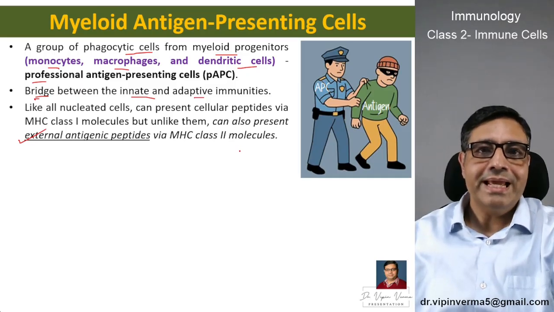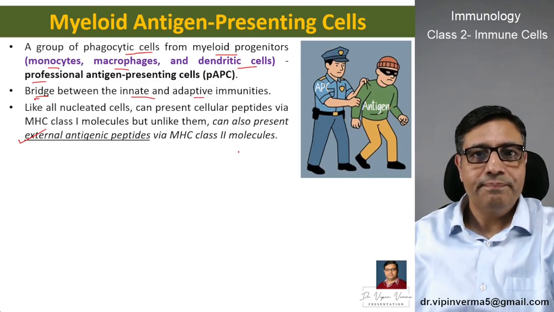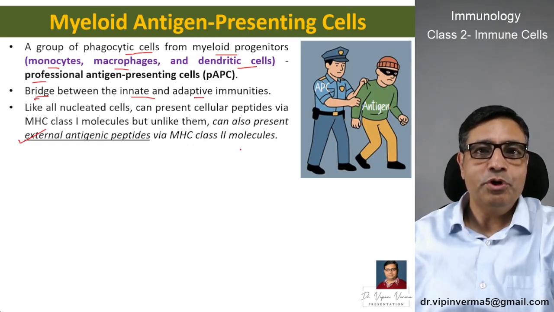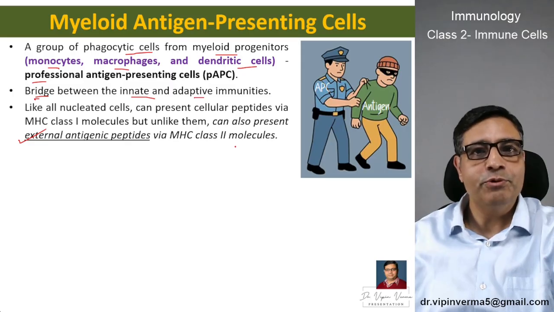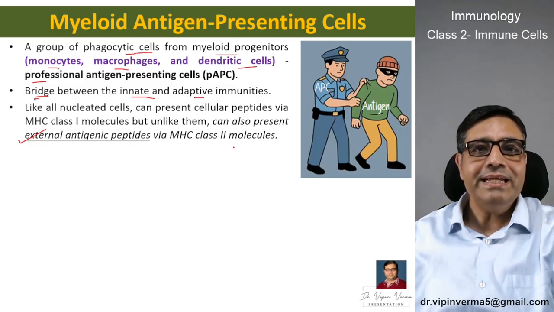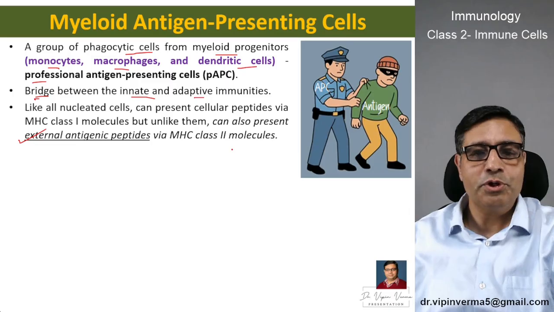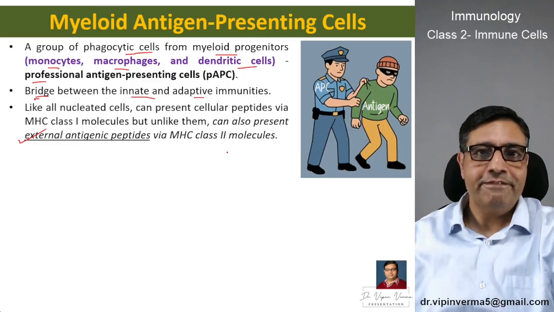Now, you remember that all the nucleated cells in the body, whenever there is some degradation or there is some internal peptide to be presented to the outside cells, then we have the MHC molecules, which are the major histocompatibility complexes. So we have two variants, type 1 and type 2. The type 1 variant is present in all the nucleated cells, and any internal cellular component is tagged with this MHC class 1 molecule and then displayed on the surface.